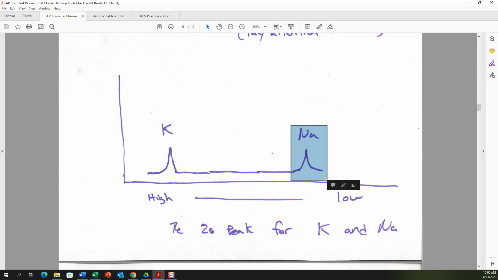Sodium's valence electron is 3s1, not 2s2. And potassium's valence electron is 4s1, not 2s2. So why does potassium have a higher binding energy for 2s? Well, it's because potassium has a greater nuclear charge, right? It has more protons in the nucleus. So its 2s electrons are going to be more bound to potassium's nucleus than sodium's, right?